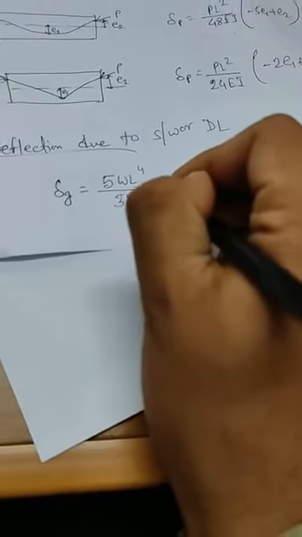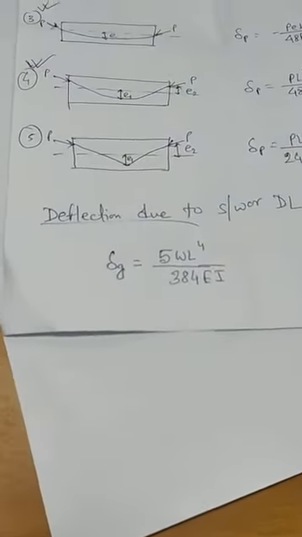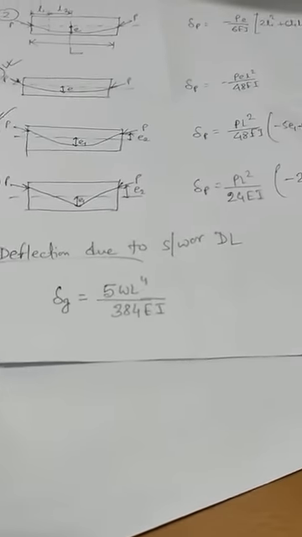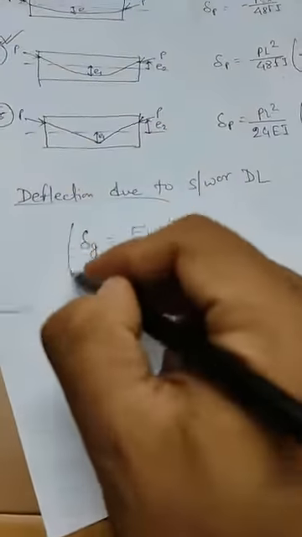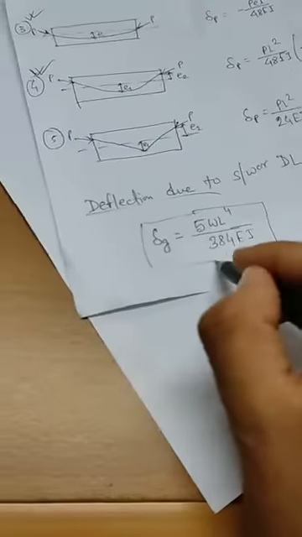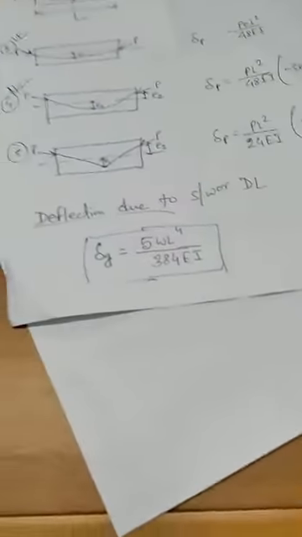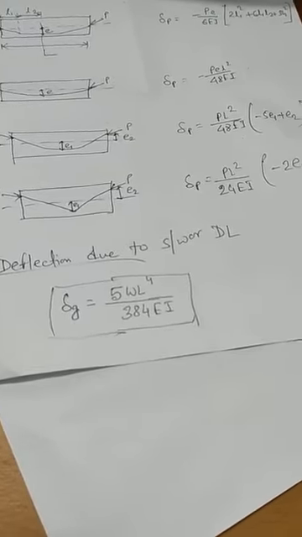Here W is the load per meter run or load per unit length. Okay, so these formulas are very much important for solving any numerical problem on deflection due to prestress.